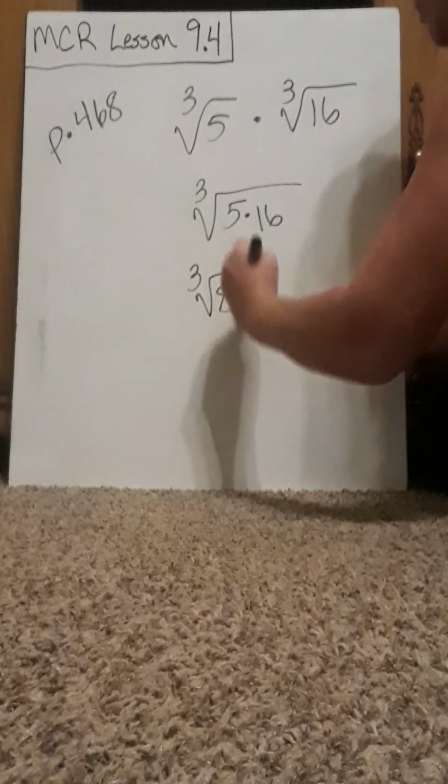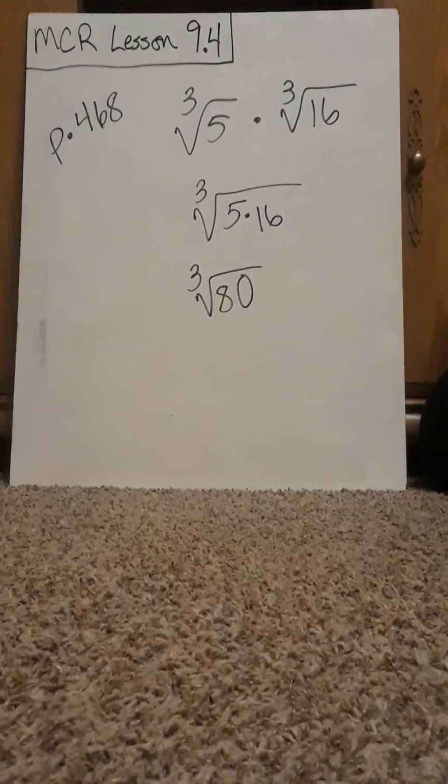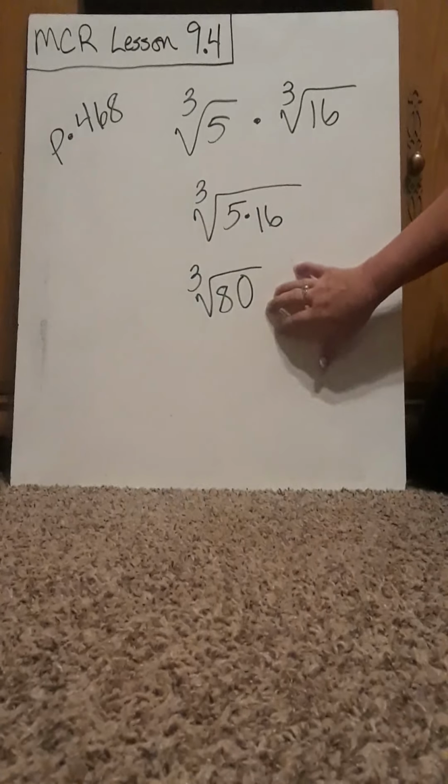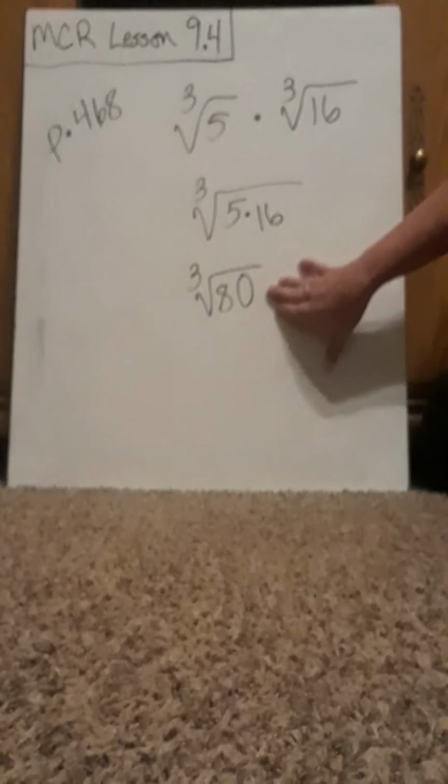Now, you want to try to simplify this if you can. If you remember back, I think it might have been 2 lessons ago, we talked about how to simplify a radical that's other than a square root, like a cubed root. If you're trying to simplify a cube root, you're going to look for a factor of the number that's a perfect cube.